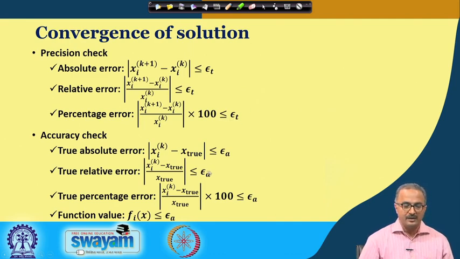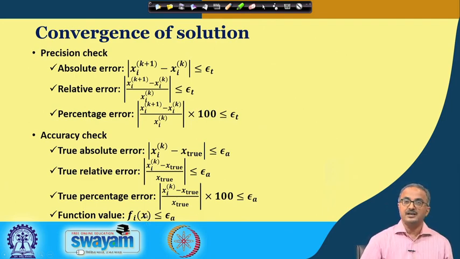And here we have the accuracy check. Here we use it if I know the true value. If you know the true value, then what should I do? Instead of the two consecutive values, we can always check with the true value. It is similar to the previous one, and again we shall have some kind of user defined criterion, and these are the same as before. Okay? Only thing is, here we can have another one, that is we check the value with respect to the function.